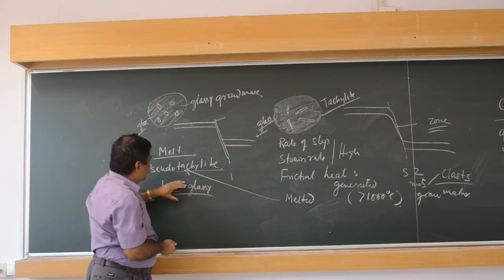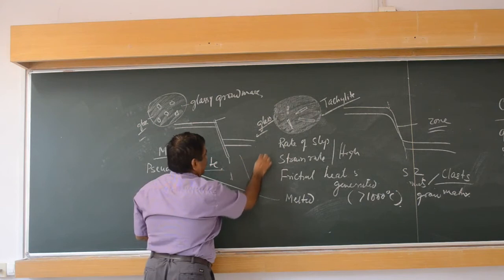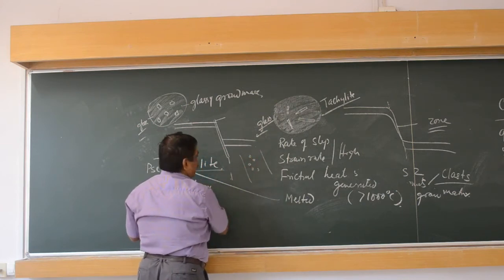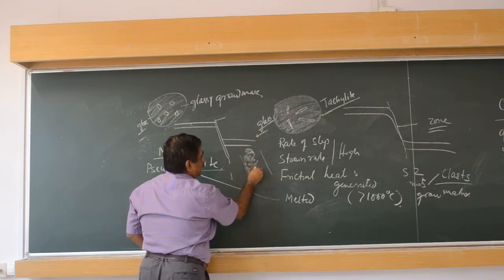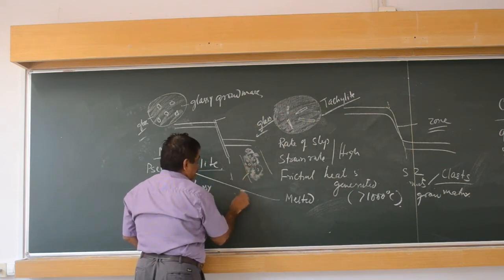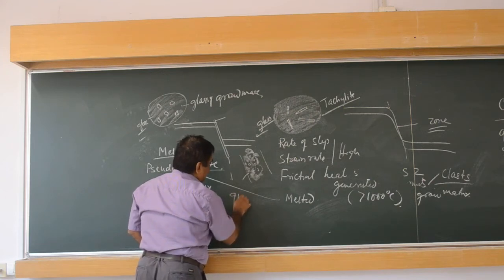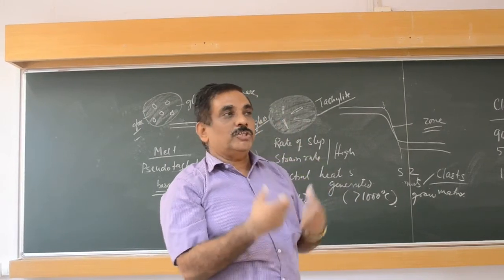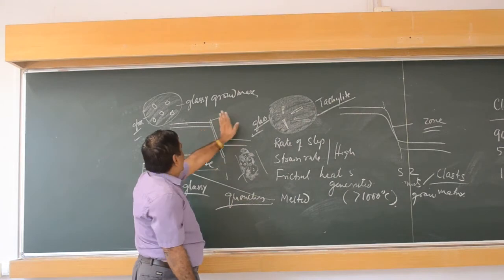So what happens when the rock melts? Your original material was like this, with clasts here and there, and the rock melted. Then the melt quenches. Sudden cooling is called quenching. Otherwise the rock is full outside this side.